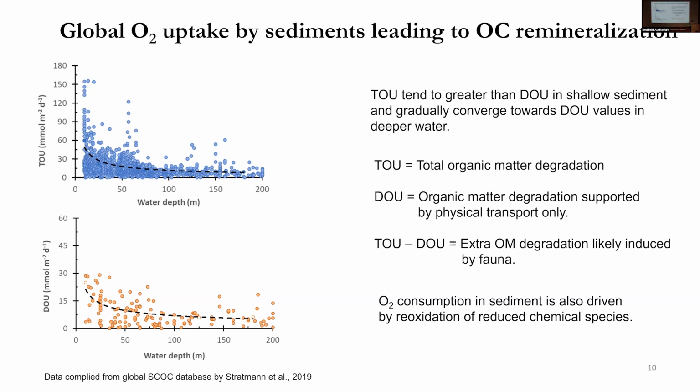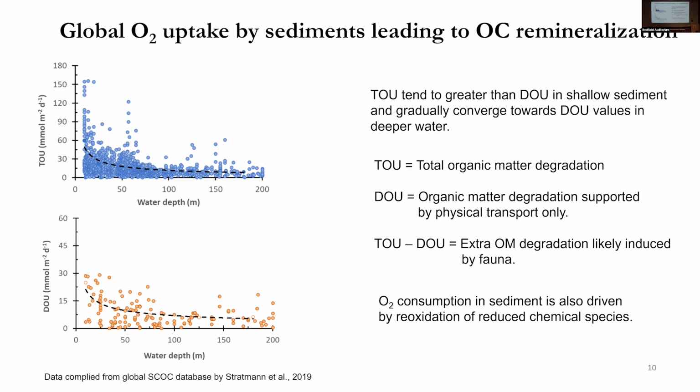So what this is telling us is that the difference between TOU and DOU is much bigger in shallower water and almost non-existent in deeper water. Why is that? I think we have Bob here, who has done a lot of work on biodiffusion and bioirrigation. The main factor driving that difference is the fauna-mediated organic matter consumption and oxygen mediation in the sediment.